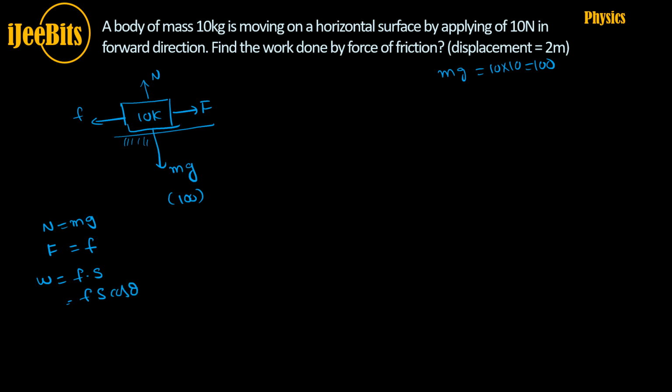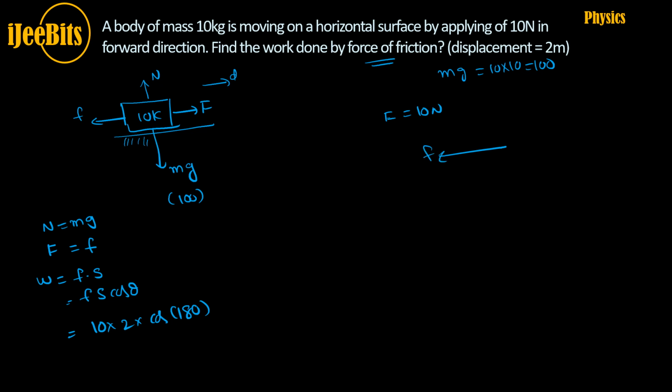Okay, how do we say this now? How much is F? F would be 10 newtons. That's also given. So 10, displacement 2, and cos 180, because the frictional force and the displacement are 180 degrees apart.